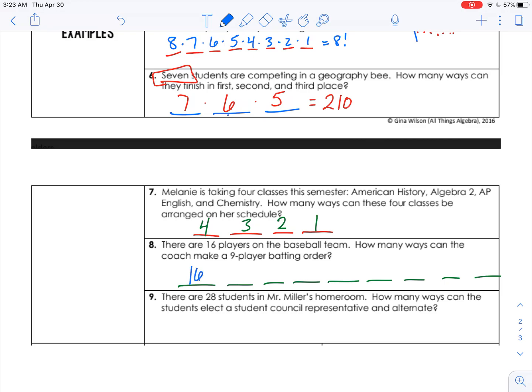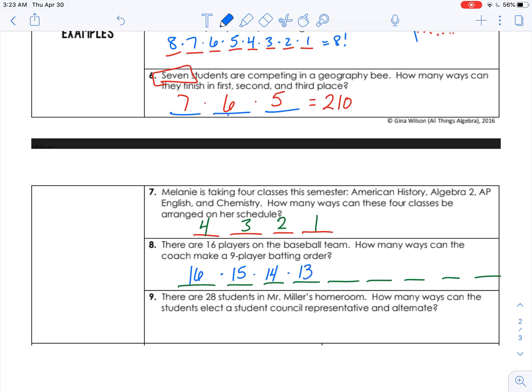Okay, well, I've got my first baseman. How many kids are left to pick from for second base? I got 15 left. Now first and second base are filled. I got to pick a shortstop. So how many kids can I pick from for shortstop? That's 14. Now I've got a third baseman to pick. Well, third baseman, I've already used 3 kids out of my 16.